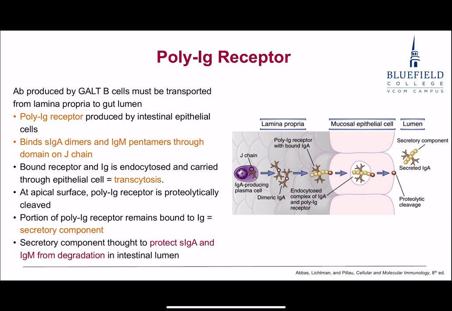Where you have the addition of that J chain in the plasma cell that links those two IgA monomers into a dimer, the addition of that secretory chain that allows passage through the epithelial layer here, and as it passes through, that secretory chain becomes digested to where most of it stays on, but the domain that allows passage through the cell is cleaved off.